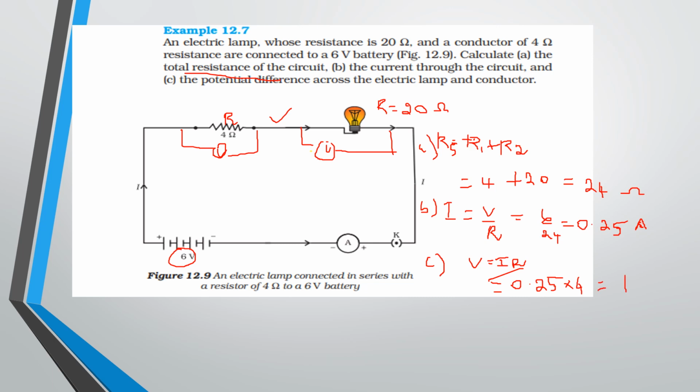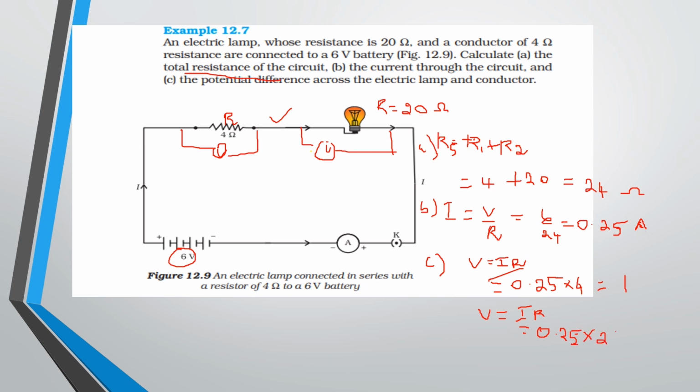Then next they are asking for the lamp. V is equal to IR, which is 0.25 into 20 ohm.